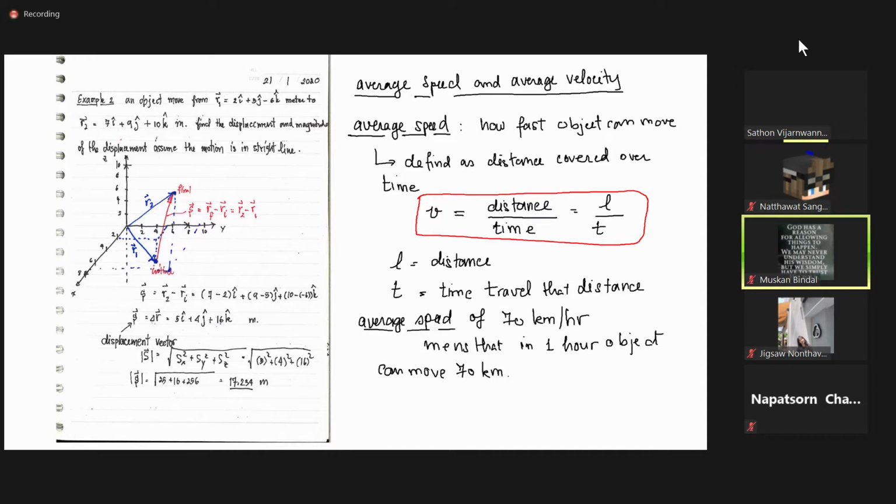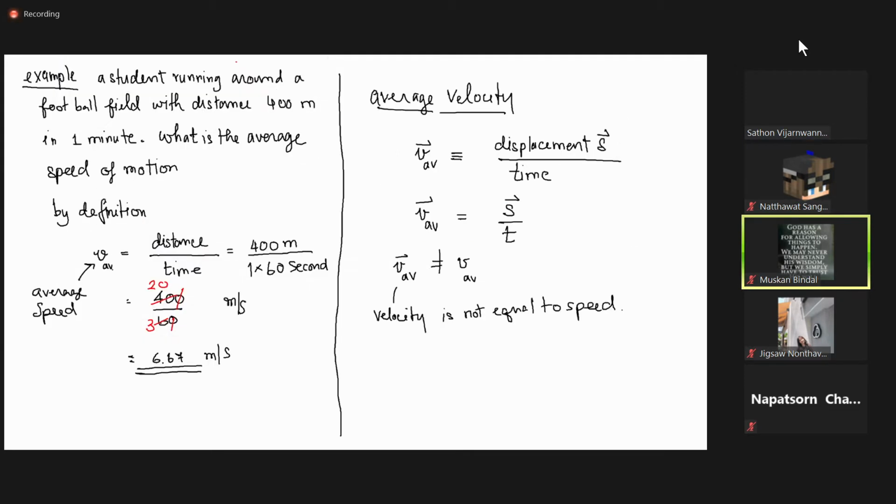Then we learned the definitions of average speed and average velocity. The average speed is the distance divided by time, and the average velocity is the displacement divided by time.